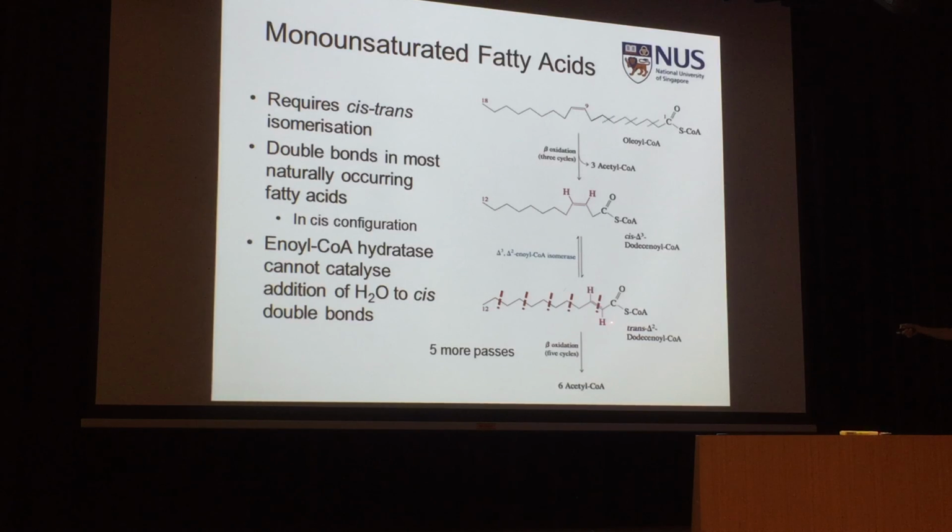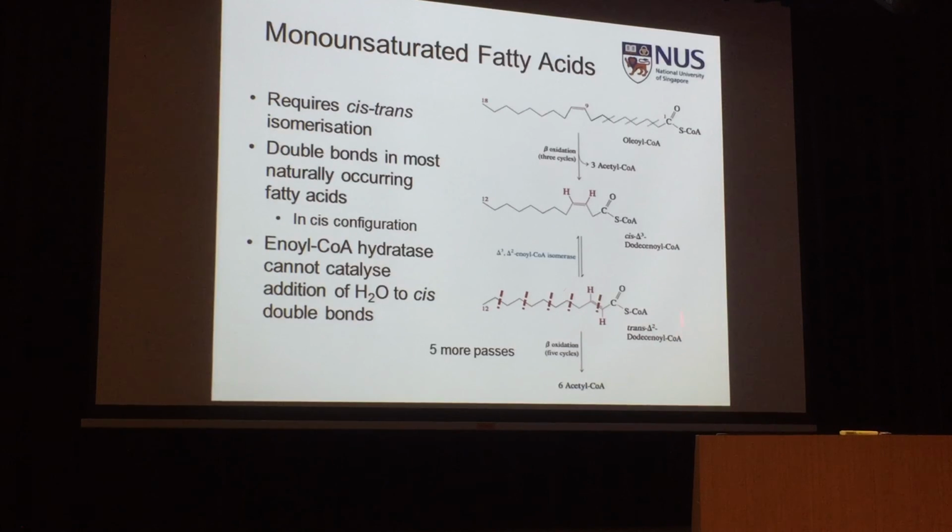So now it becomes the trans delta 2. Then the enoyl-CoA hydratase can work and add the OH group over here and subsequently cleave to give you your acetyl-CoA, and the process then continues.